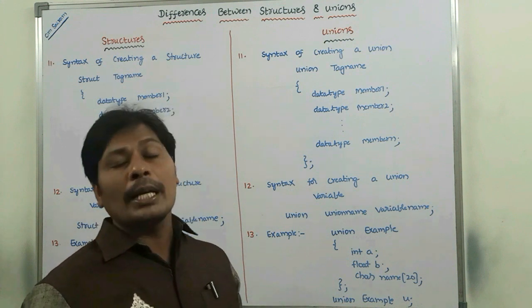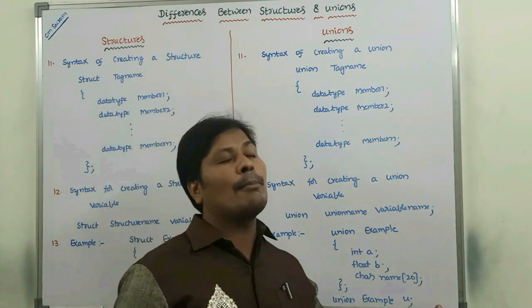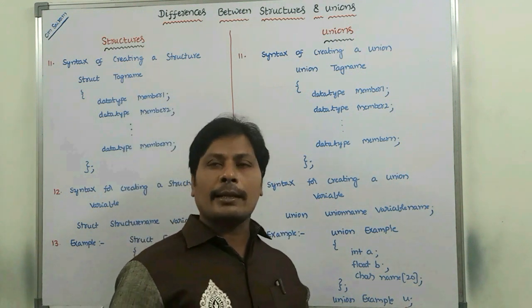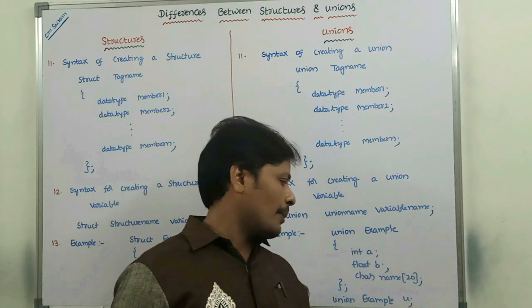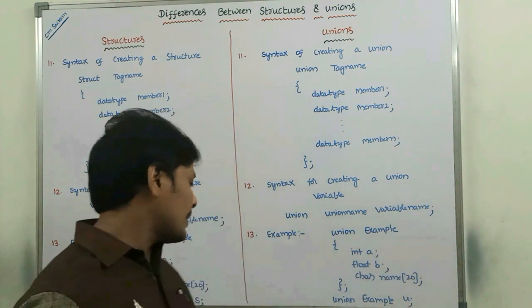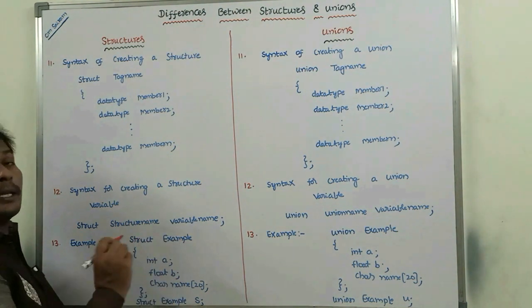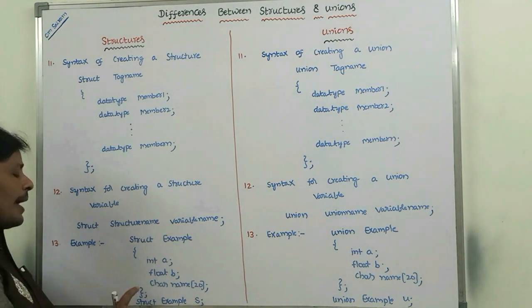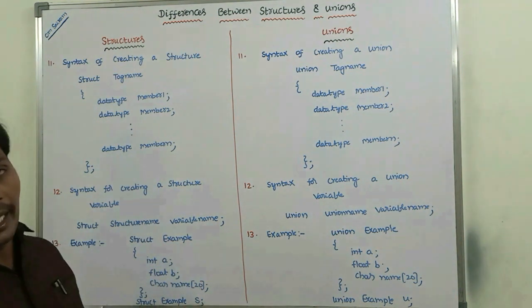Suppose u1, u2: union example u1, u2 semicolon. So two variables are created for the union, u1 and u2, separated by commas. In the same way here, s1, s2 variables are created. For this structure example we write struct example s1, s2 semicolon.